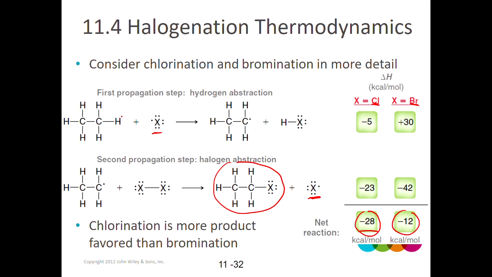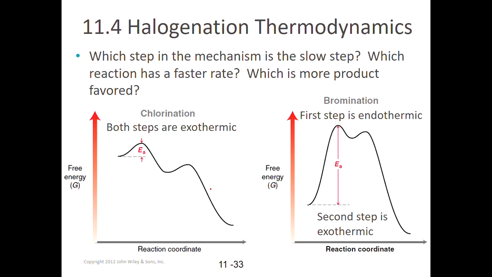How do we get one hydrogen to be replaced and not all of them? And how do we control which hydrogen it is? Right, so we're going to talk about that a lot more next time. I just want to set you up for that discussion because there is a difference in how these diagrams look, which can be used to explain the results of the reactions, which is what we're going to do next time.